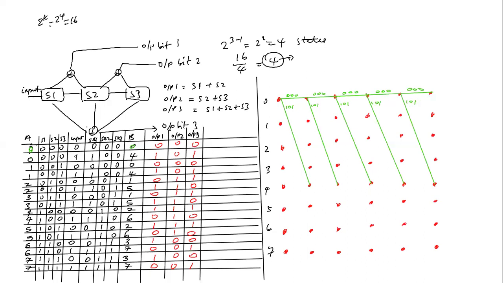Then we move on to the next, from state 1 to 0 and from state 1 to 4. So we move from 1 to 0, 1 to 0, 1 to 0, and then 1 to 4.